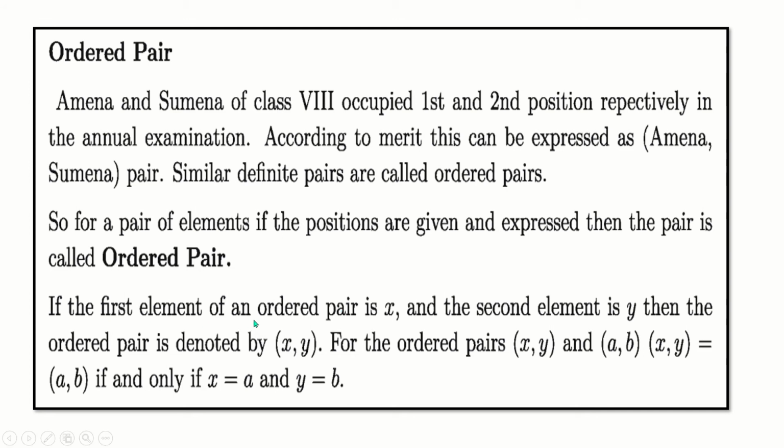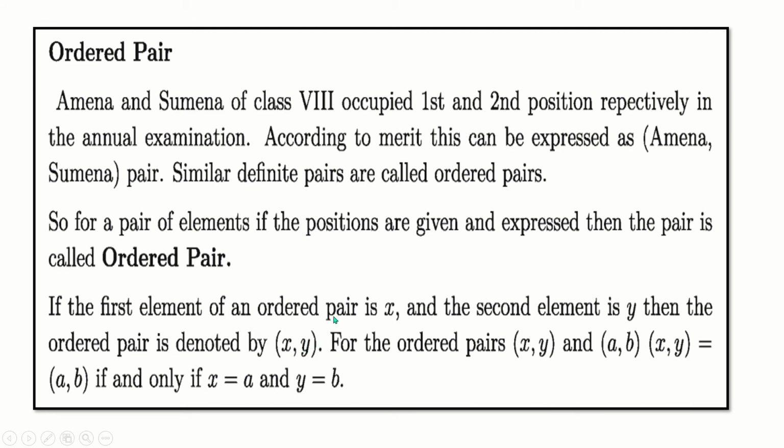If the first element of an ordered pair is x and the second element is y, then the ordered pair is denoted by (x, y). So (x, y) and (y, x) are not the same, because x is the first position and y is the second position.